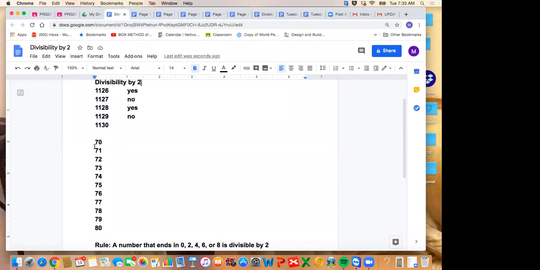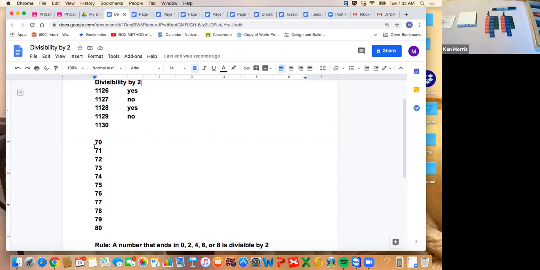There we go. Now you can see the whole thing. Okay, I'll post this also on Google Classroom under divisibility, so you have it, okay? All right, can I stop sharing screen? Everybody got their notes ready? Okay.